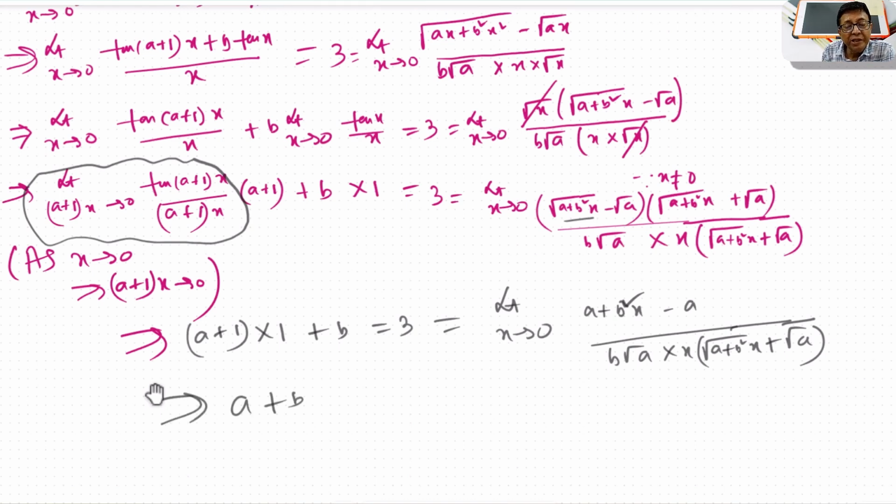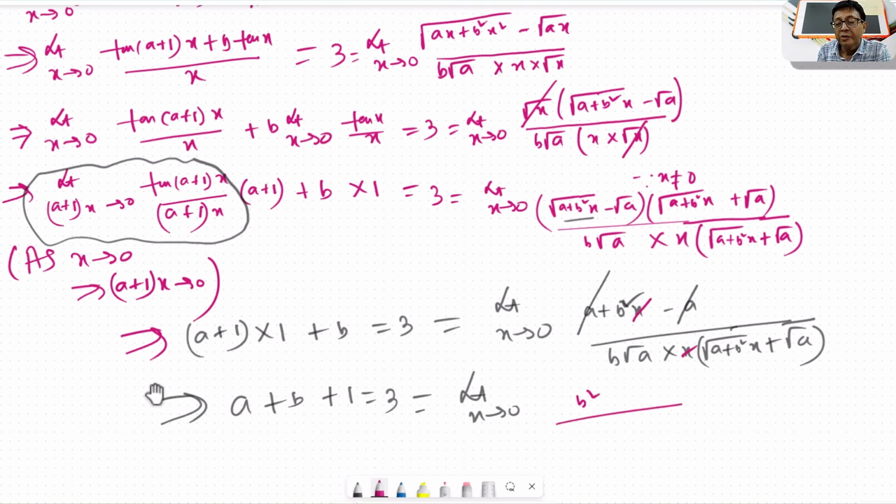(a+1) plus b equal to 3, equal to limit, and see this x also getting cancelled, this one with this one. So b square by b root a plus root a.